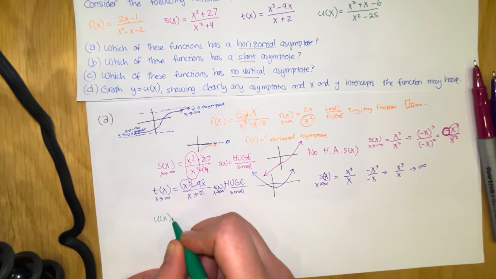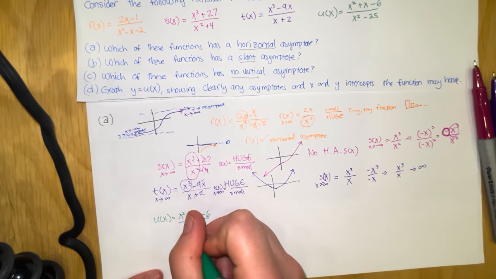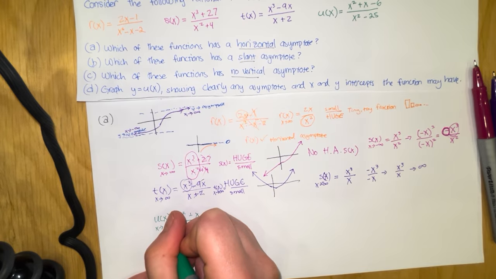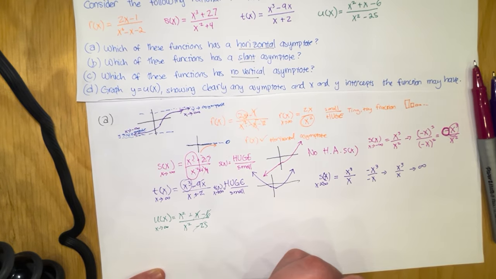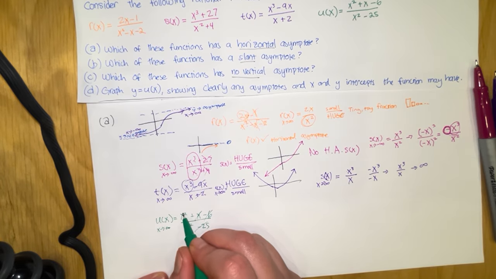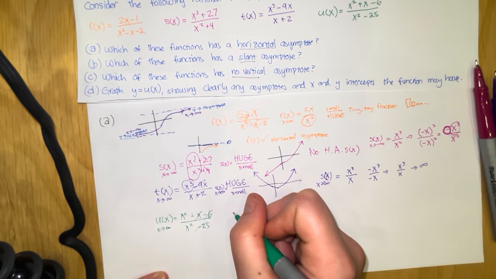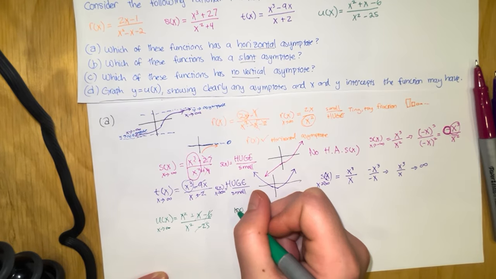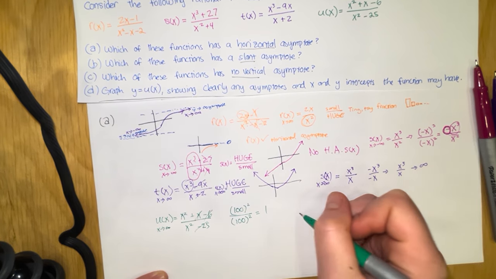Okay, so u of x equals x squared plus x minus 6 over x squared minus 25. As x goes towards infinity, these other terms aren't going to matter so much. And then we're just left with x squared over x squared. If x is 100, then 100 squared over 100 squared equals 1.